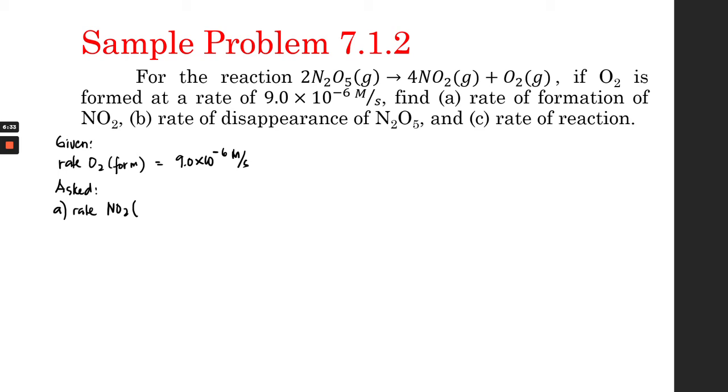It's formation because it's the product. For B, we want to find the rate of disappearance of N2O5. It's disappearing because it's the reactant. And for C, what is the rate of the overall reaction? The rate of reaction.